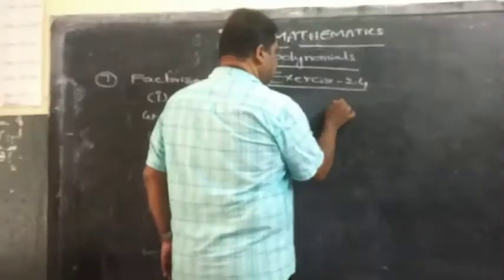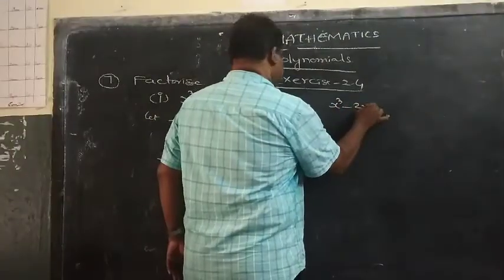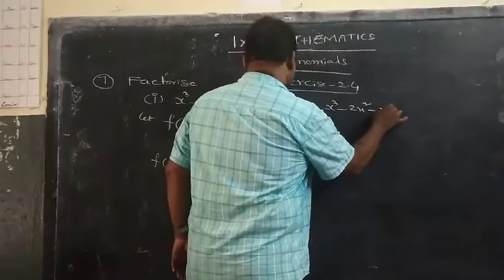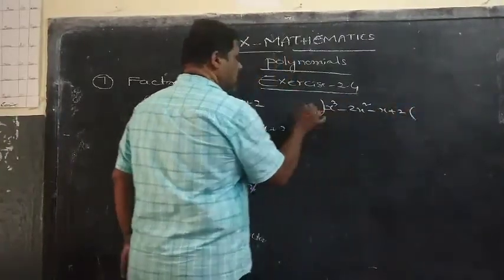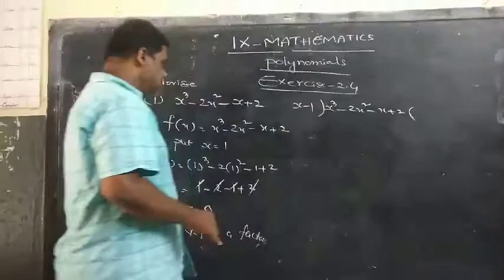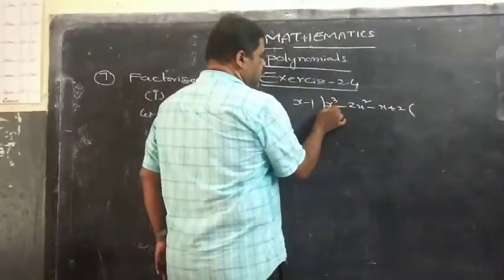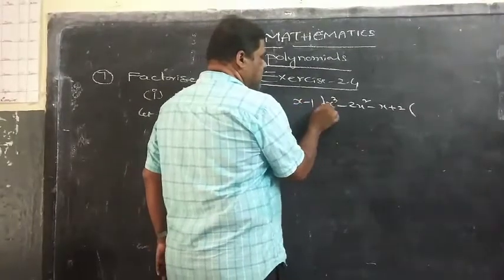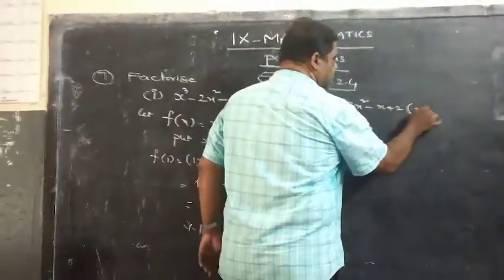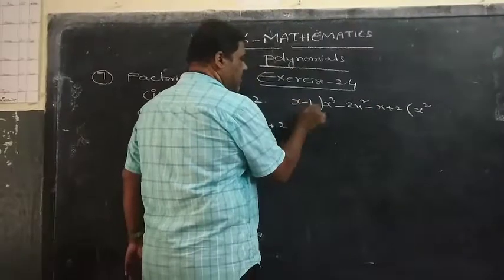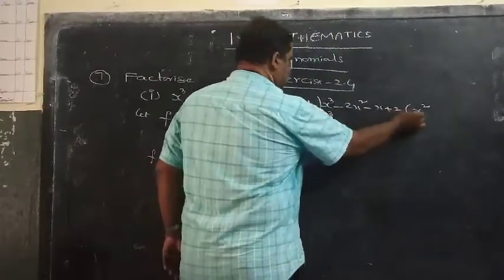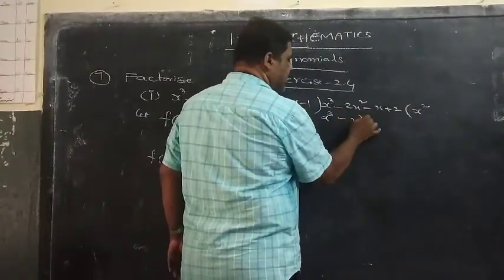So first let us divide x cube minus 2x square minus x plus 2 by x minus 1, which is a factor. Here the first term is x cube. X into how much is equal to x cube? X square. So x square into x is x cube, x square into minus 1 is minus x square.